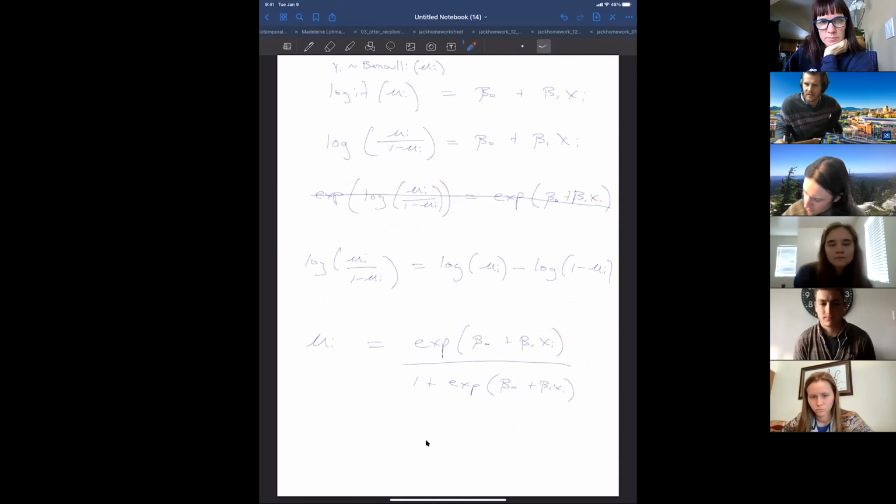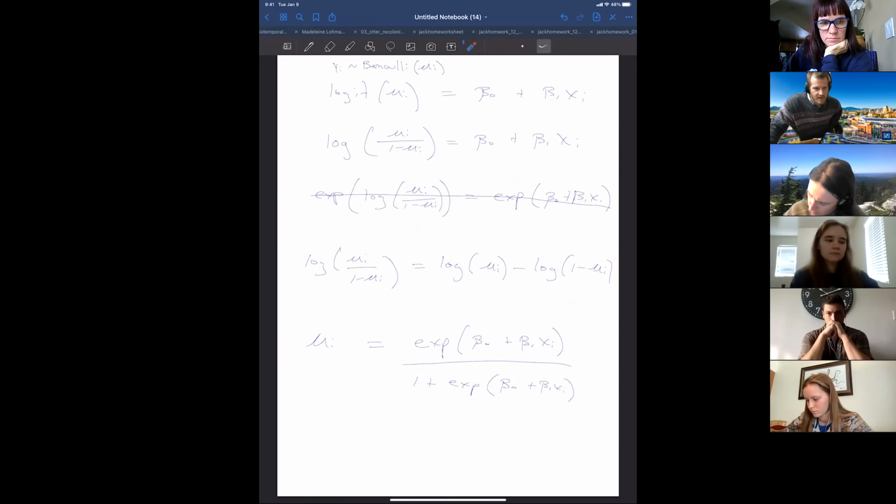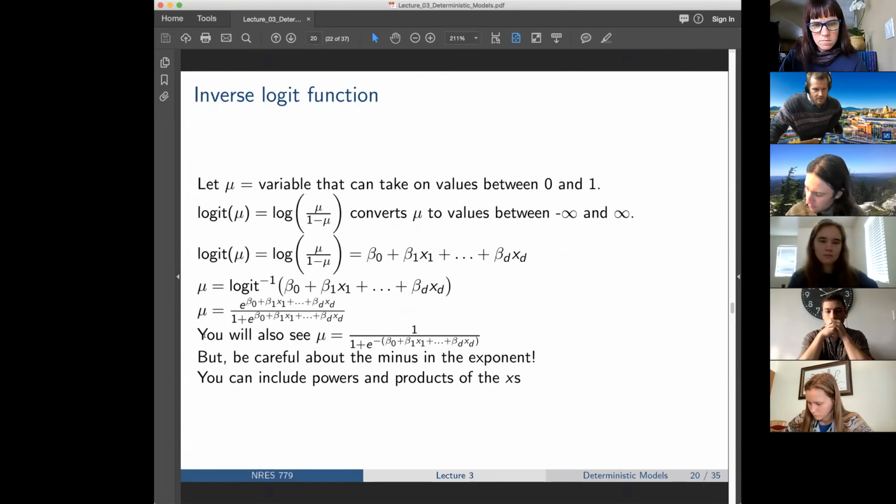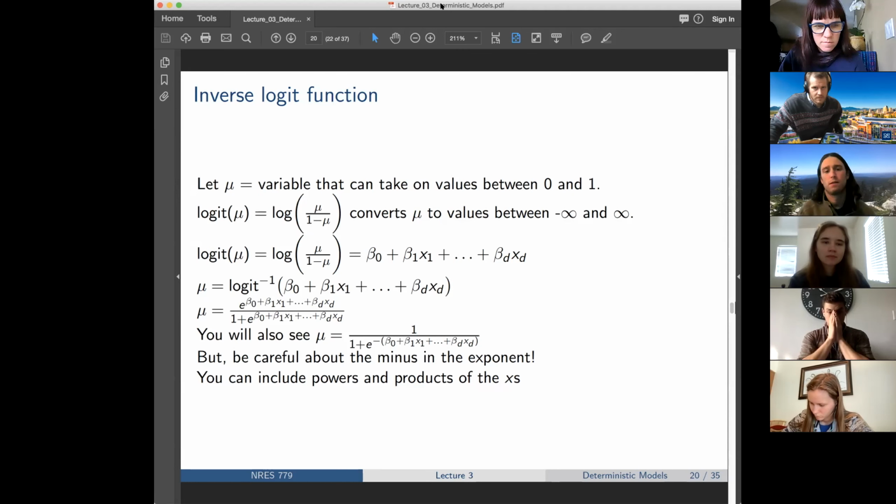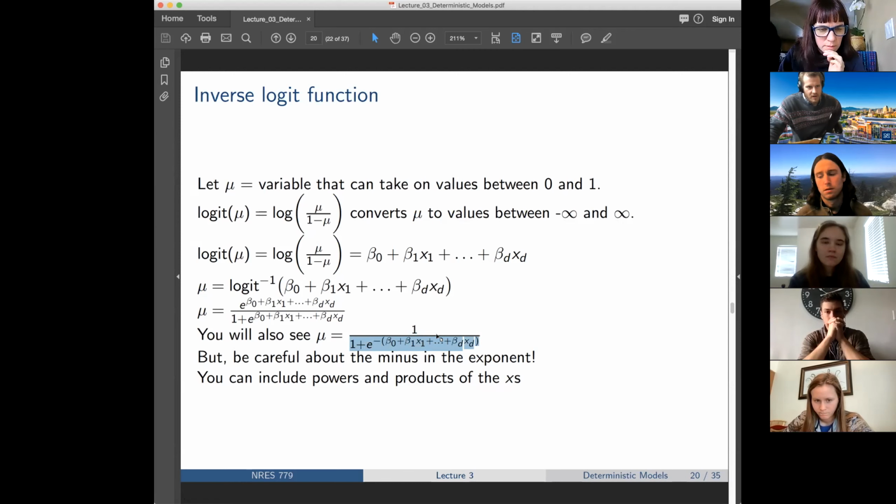And there's a couple other ways of writing this. You can also write it this way, depending on which algebraic steps you do. Either one is equivalent.